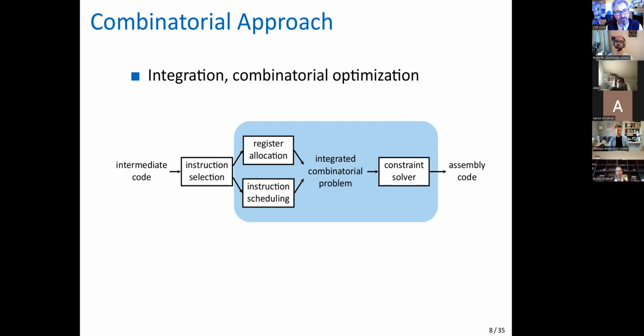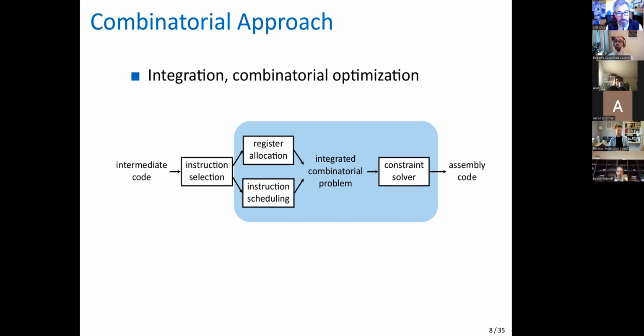And then rather than going right away to scheduling or register allocation and trying to solve them with heuristics, what we do is that we generate combinatorial models of the problem. A model that describes how the problem looks like, what are the semantics of the program, what are the constraints of the processor architecture, and so on. Then we take a model for register allocation and a model for scheduling and combine them into a single model.